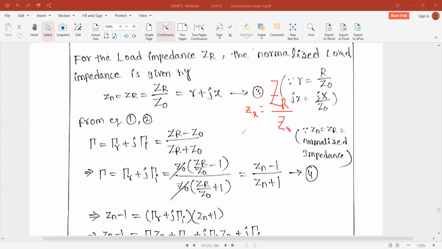In the reflection coefficient, we know (ZR minus Z0) by (ZR plus Z0). Take the Z0 as common.